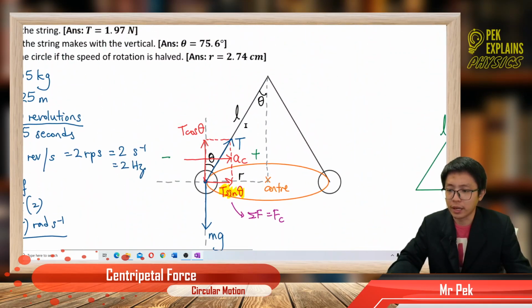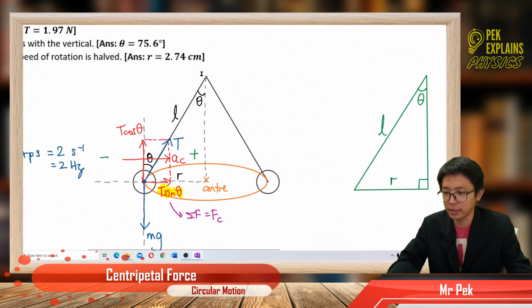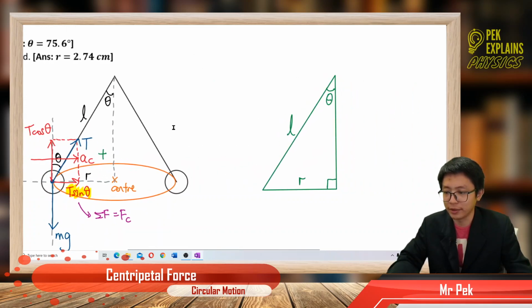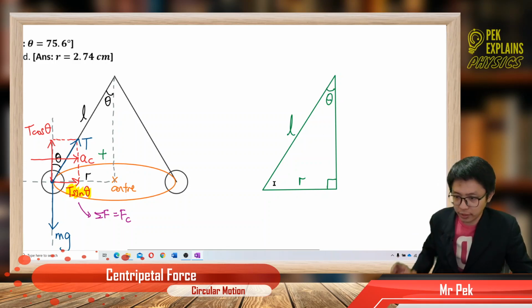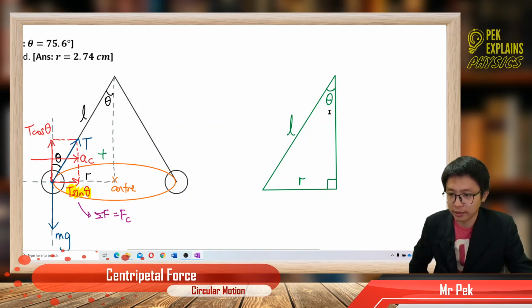So you can see this is actually a right-angle triangle, just like this one. I draw over here. If we want to find the radius of the circle, we need to use trigonometry. We have the length here, theta here.